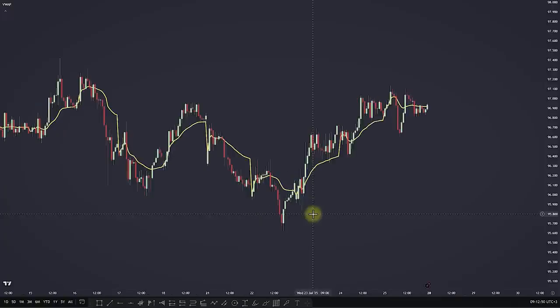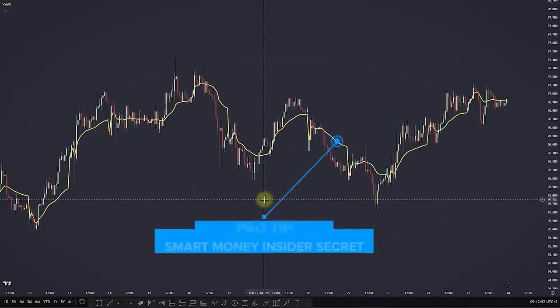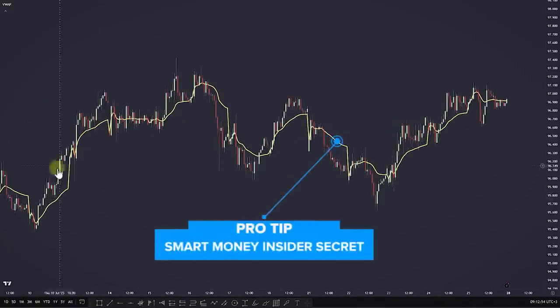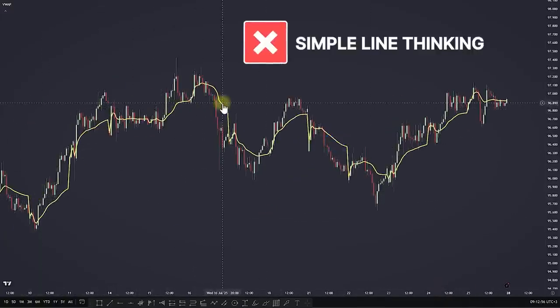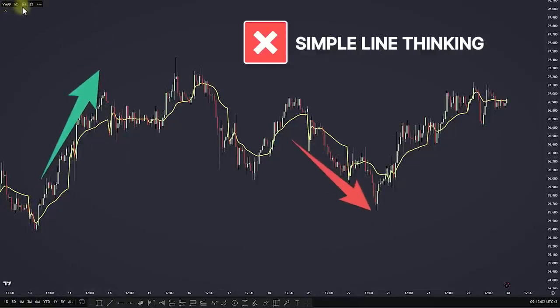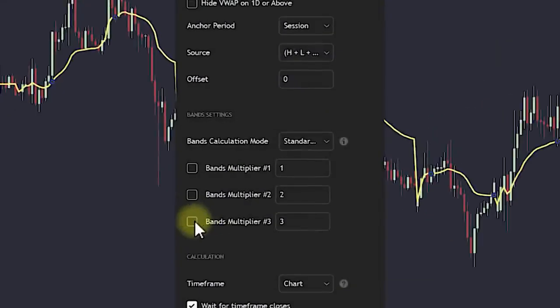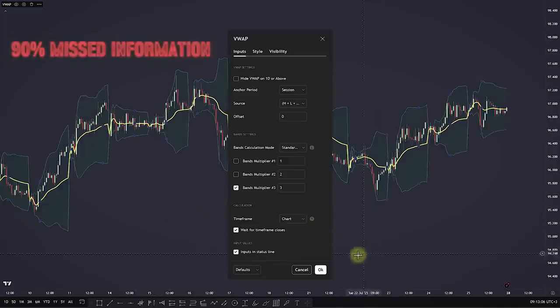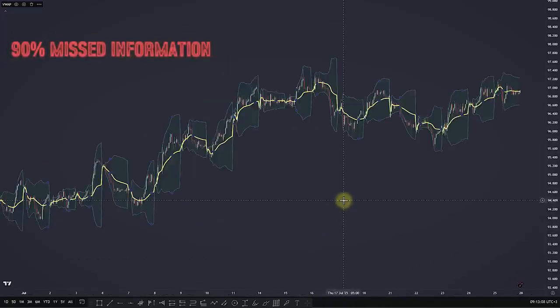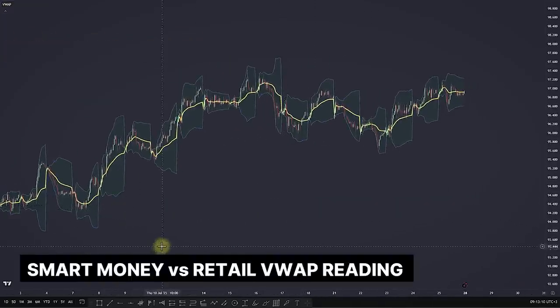Here's an insider secret that changes everything about how you read VWAP. Most retail traders see VWAP as a simple line. Price above equals bullish, price below equals bearish. This kindergarten approach misses 90% of what VWAP actually tells you. Smart money reads VWAP completely differently.